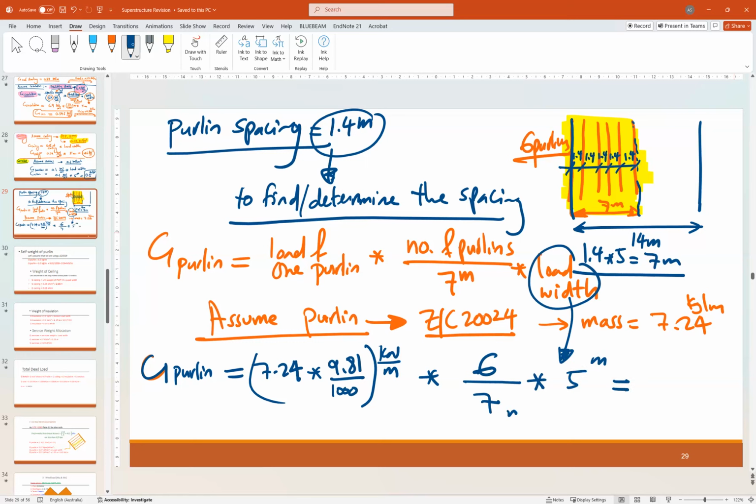So this gives us a value of 7.24 times 9.81 divided by 1,000, multiplied by 6, multiplied by 5, divided by 7. So this is 0.302 kilonewton per meter.